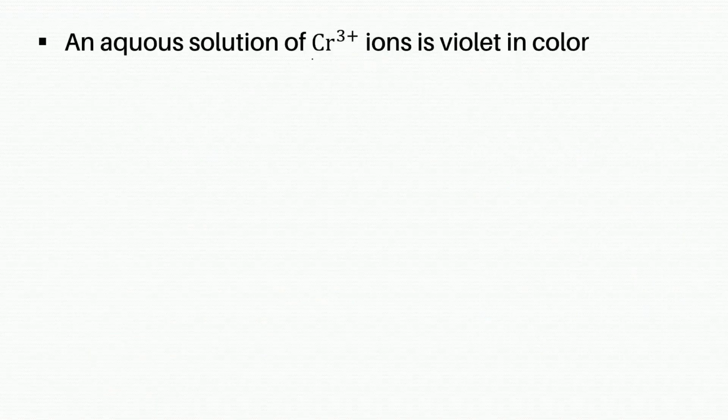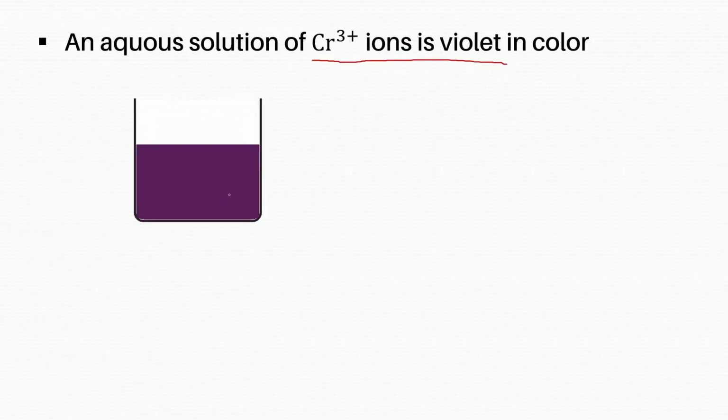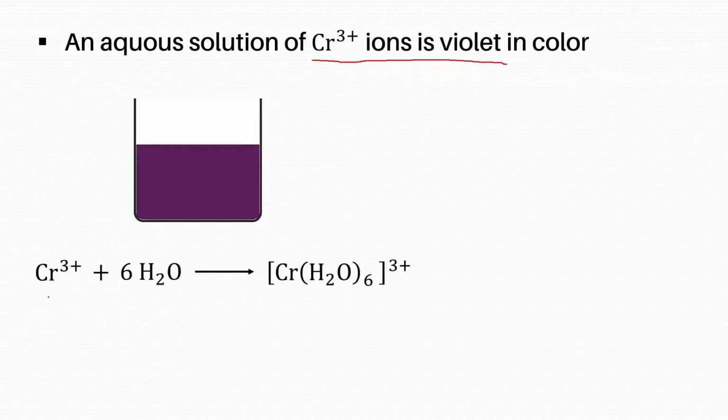Then the color of Cr3+ ion solution is violet. This is the violet color. Chromium 3+ ions also form a complex ion like this with water molecules. The color of this complex ion is violet, so this violet color is due to this complex ion.